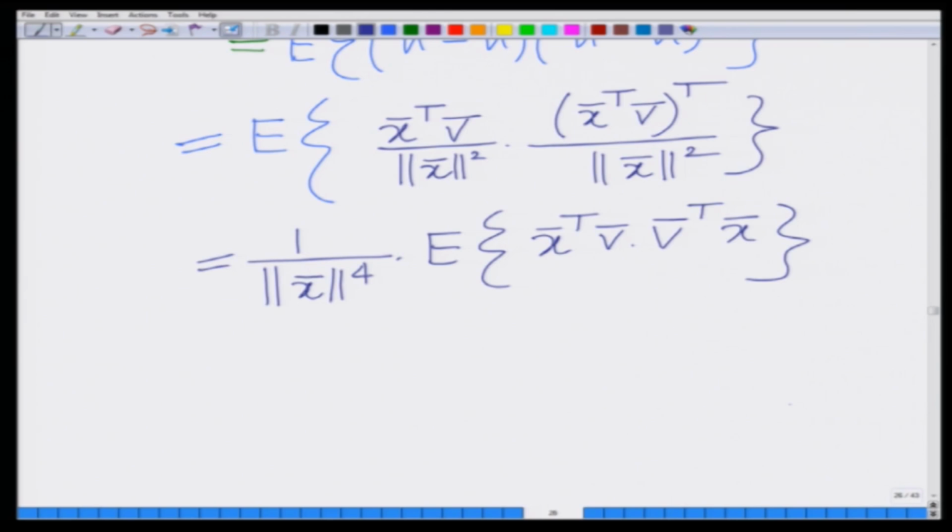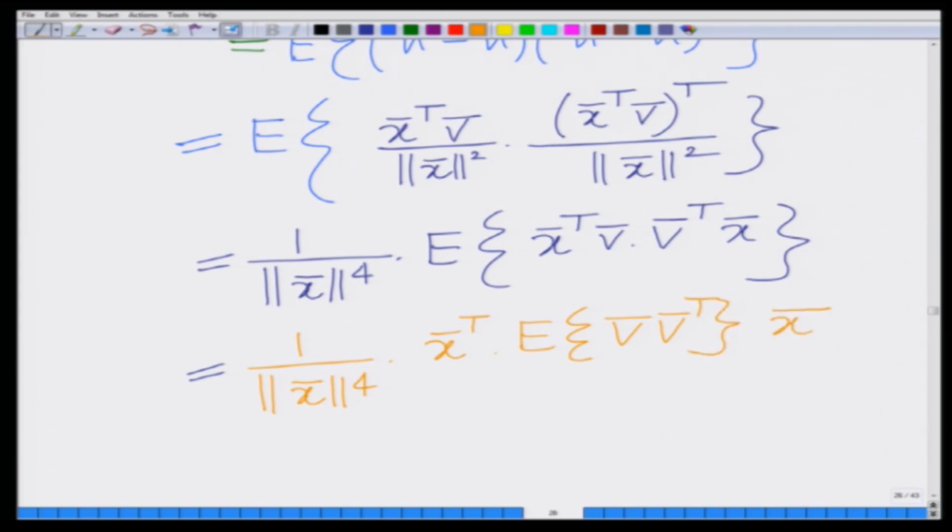Now, if I move the expectation operation inside, that is 1 over norm x bar to the power 4 times x bar transpose expected value of V bar V bar transpose x bar.